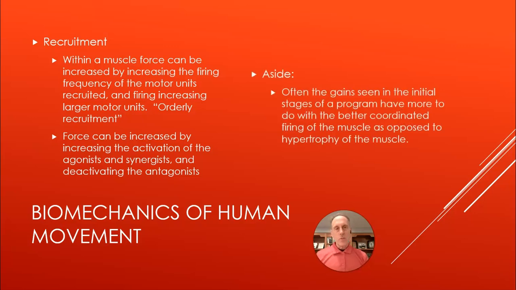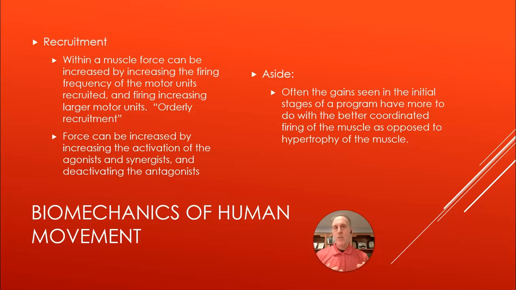So when you look at how motor units are recruited, and how motor units are called upon to move weight, what ends up happening when you start working with people who are pretty deconditioned and have not worked out in quite some time, perhaps people who have never been into the gym, is that when they start working out, they get stronger, but not because they're packing on tons of muscle.